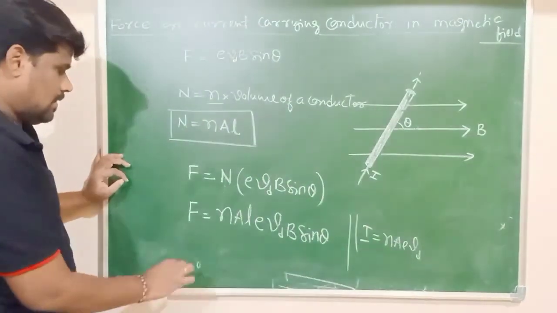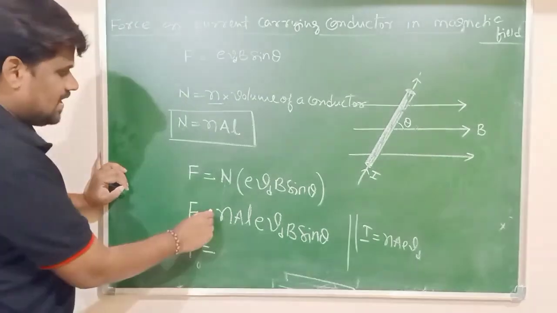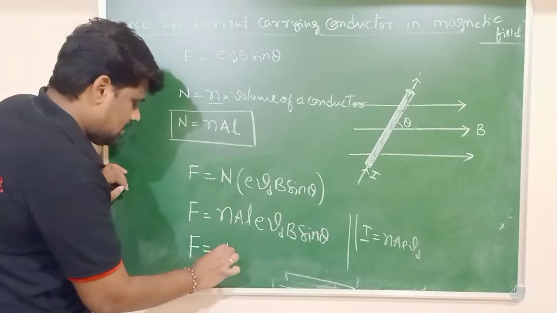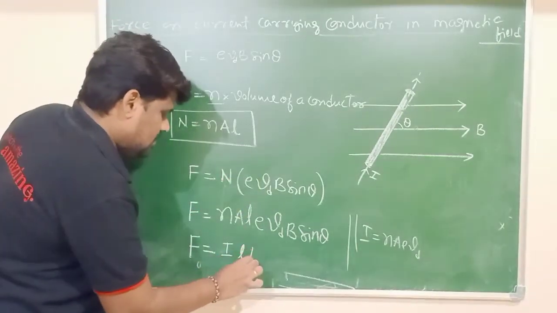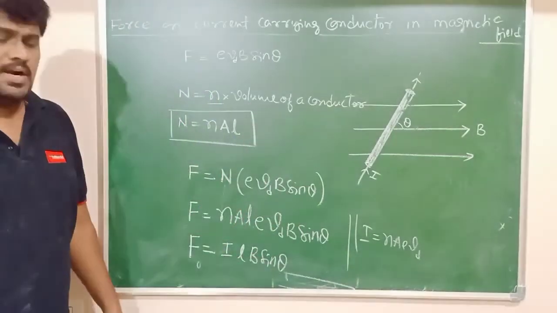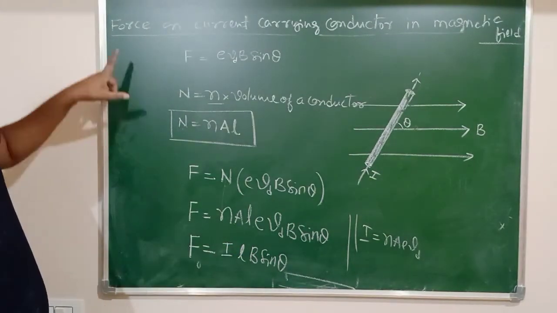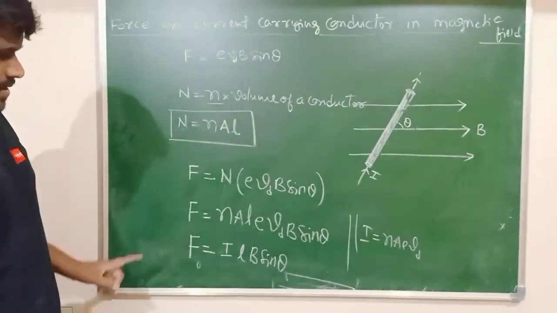Substitute. F equals n A e Vd L B sin theta can be written as I, L as it is, B as it is, sin theta. What is this expression called? I L B sin theta is the expression for force on a current carrying conductor in a magnetic field.